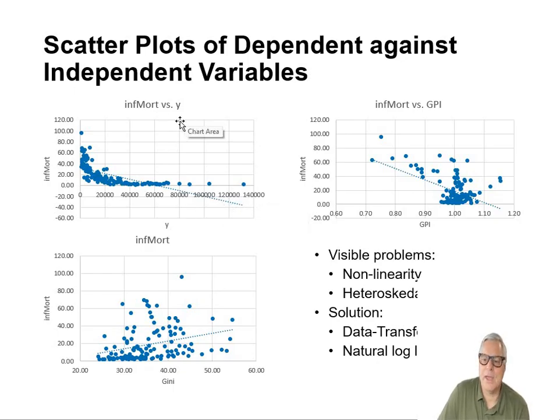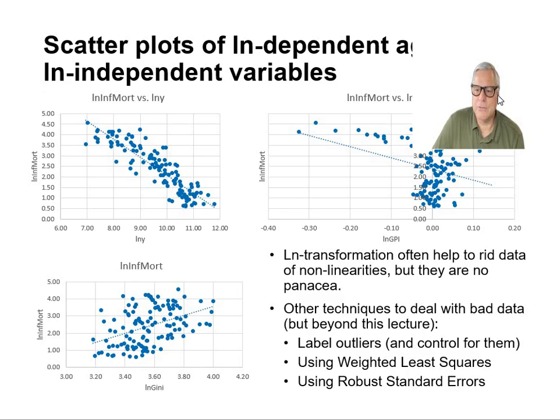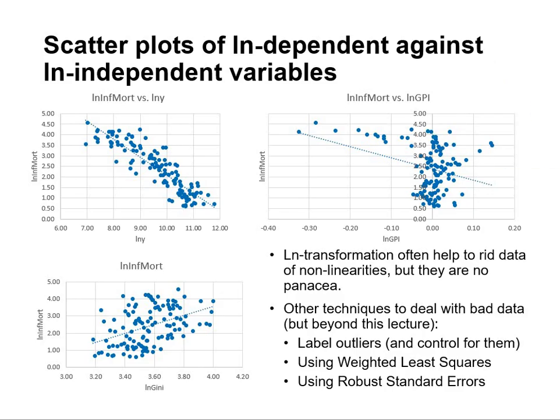Okay, so now we have looked at the distribution of all the variables, and what we have seen is we definitely have to transform GDP per capita because we get this highly nonlinear relationship, and of course we need to transform infant mortality. When it comes to Gini, there was not so much we could do. So when it comes to doing the regression, we have to look at all the individual scatter plots and then make a decision what is best.